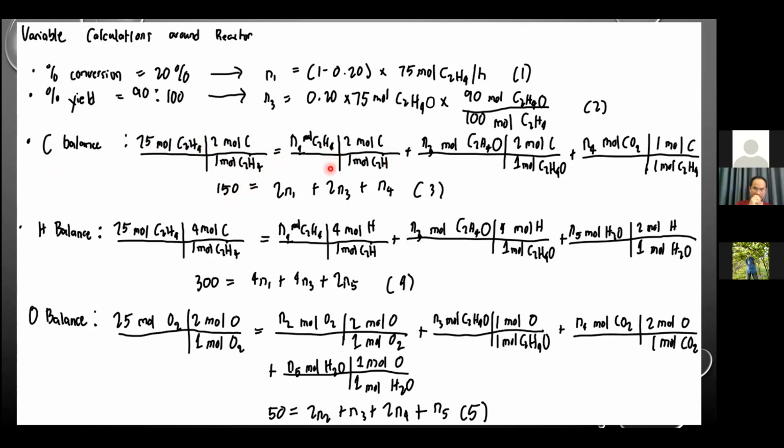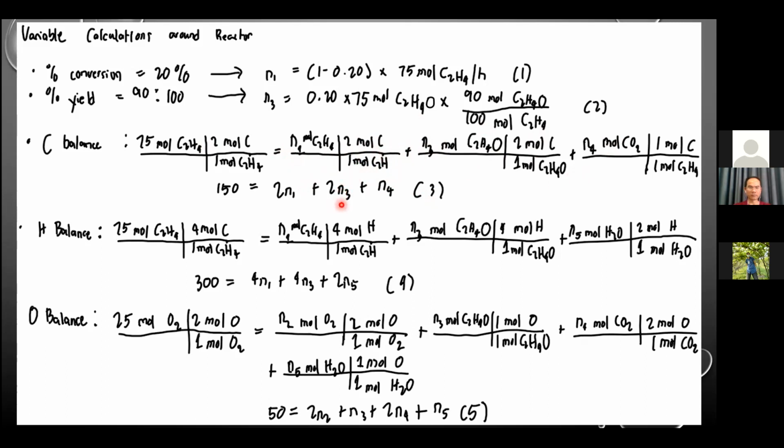And then the right hand side will be the solving for the output. So we're going to multiply the molar fractions of each product in the reactor by the amount of moles of carbon in each compound in the reactor output that has carbon.